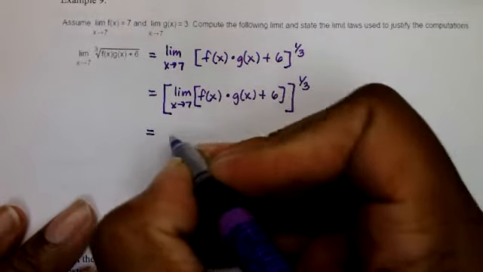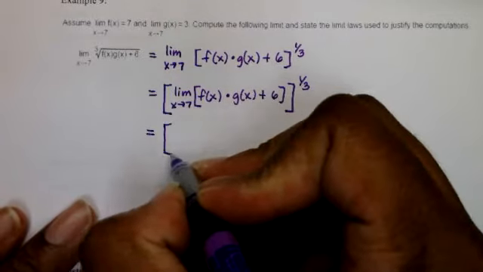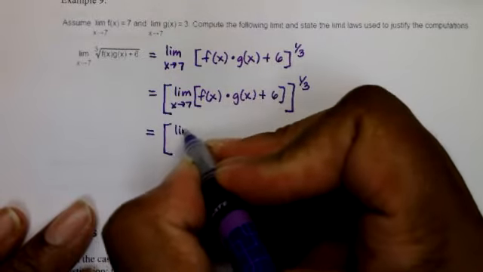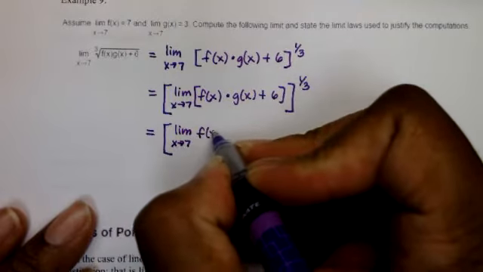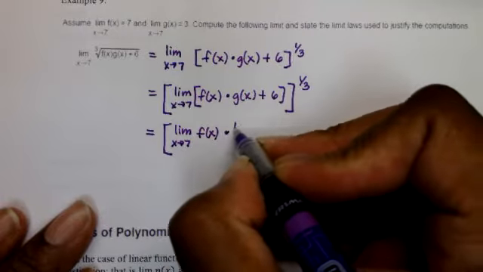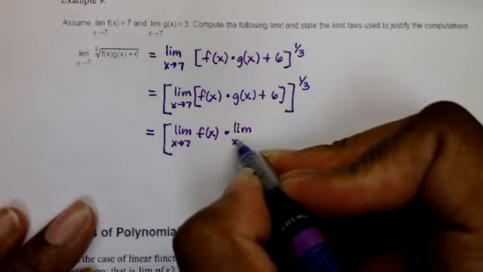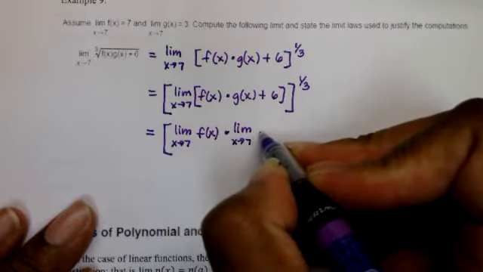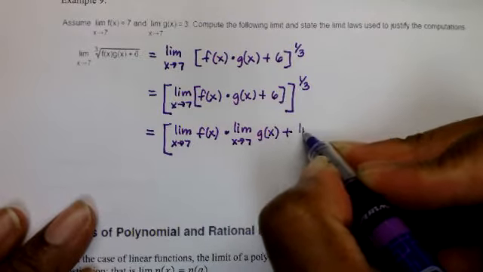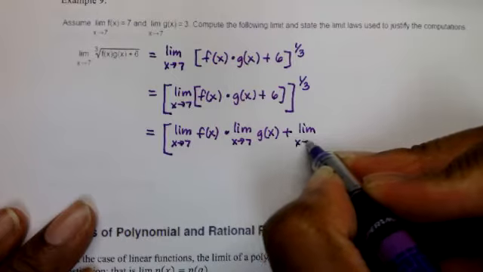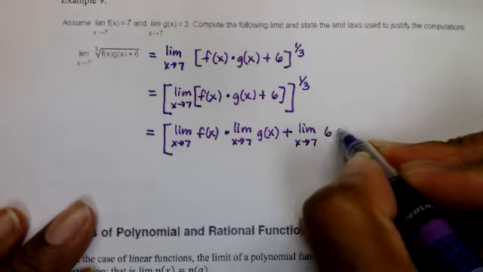So this is what I'm going to have in the bracket: the limit as x approaches 7 of f of x times the limit as x approaches 7 of g of x, plus the limit as x approaches 7 of 6.